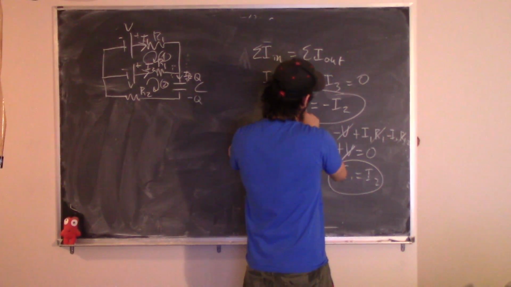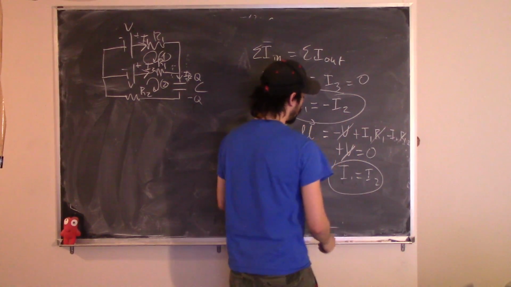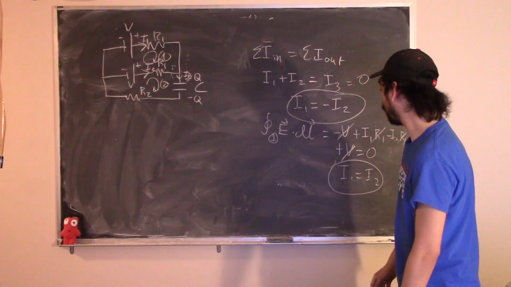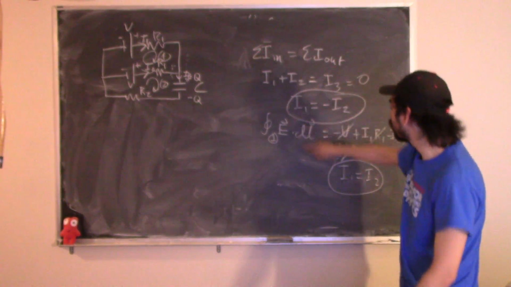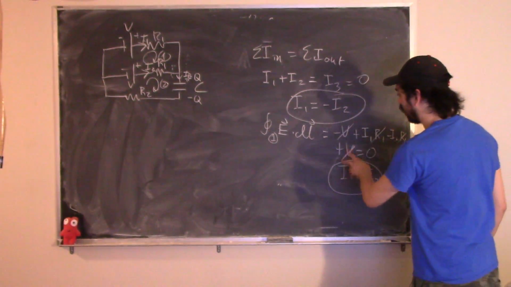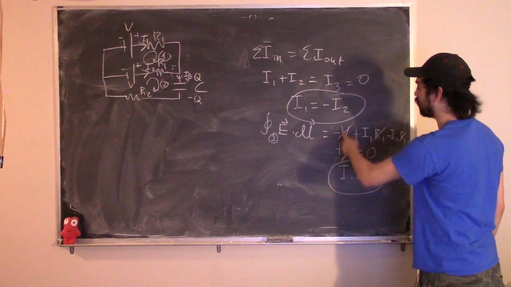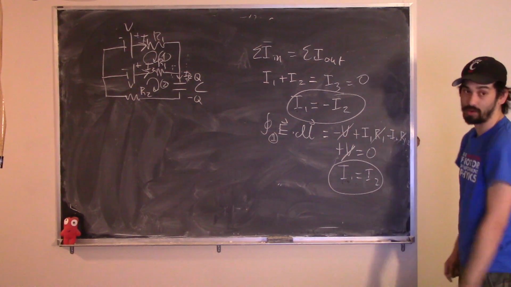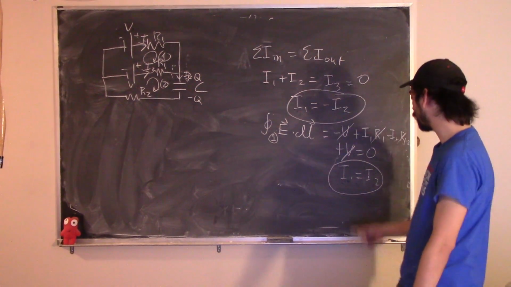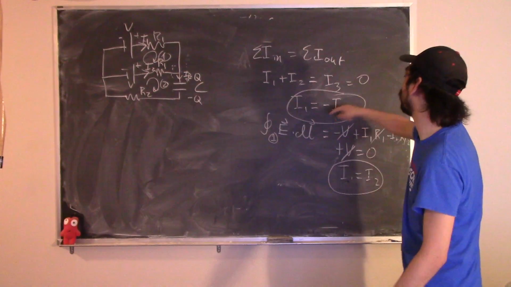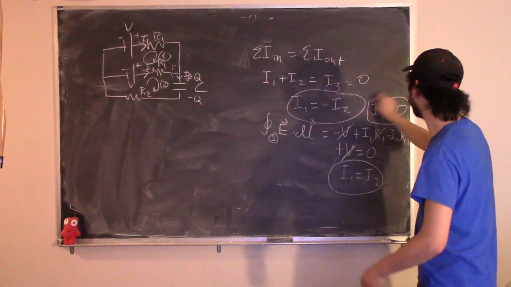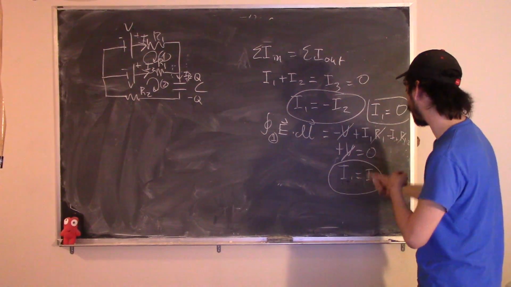This says this number is equal to the negative of that number. 4 is never equal to minus 4. But there is one very particular set of circumstances that does satisfy this equation, and that's when I1 is equal to 0 and I2 is equal to 0. Because 0 is equal to 0, 0 is equal to negative 0. So I1 is equal to 0. And that's also equal to I2. Okay.